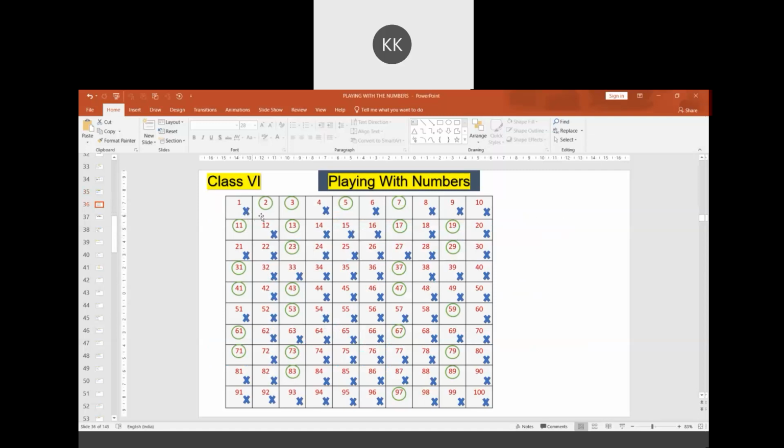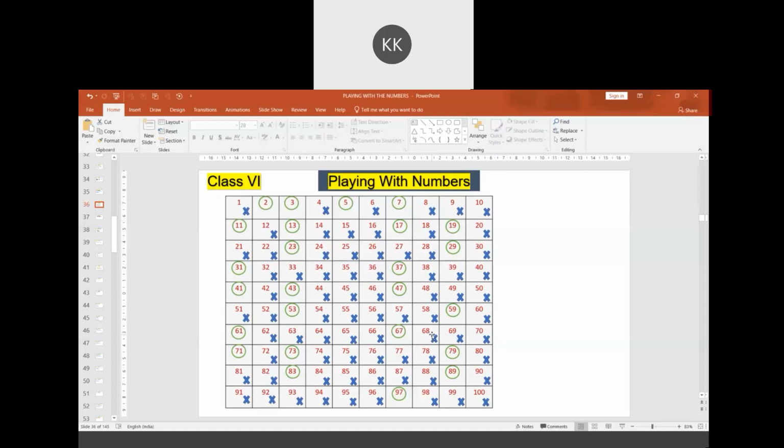1 is struck off, 2 is encircled, and the multiples of 2, that is 4, 6, 8, 10, are crossed off. Then followed by 3, multiples of 3 are struck off. Then multiples of 5 are struck off. Likewise, till 11 if you do, you get the remaining numbers.